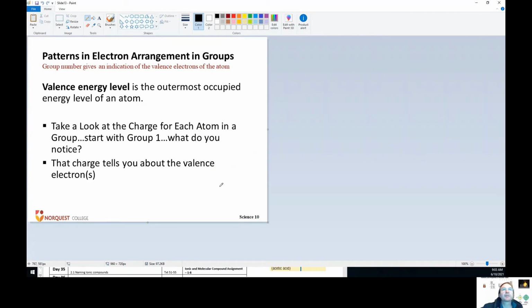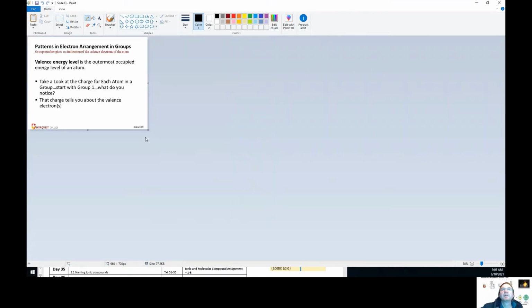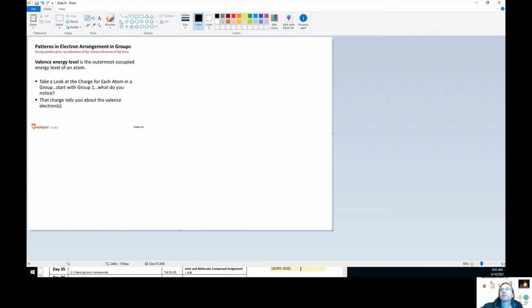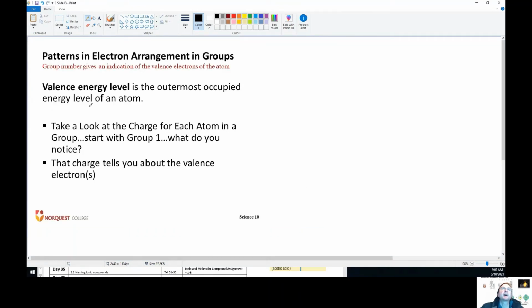Just want to zoom in on the slide for you here. Your valence is the outermost occupied energy level of an atom. Ultimately, guys, you've got to look at some of the models that we've done together and get comfortable drawing your model of the atom.